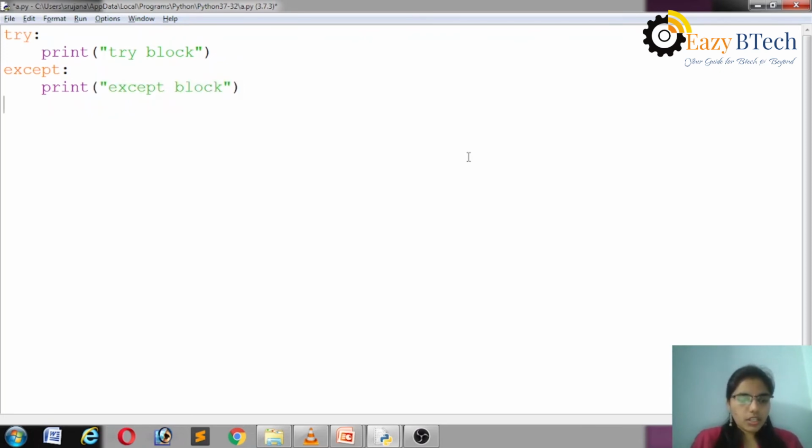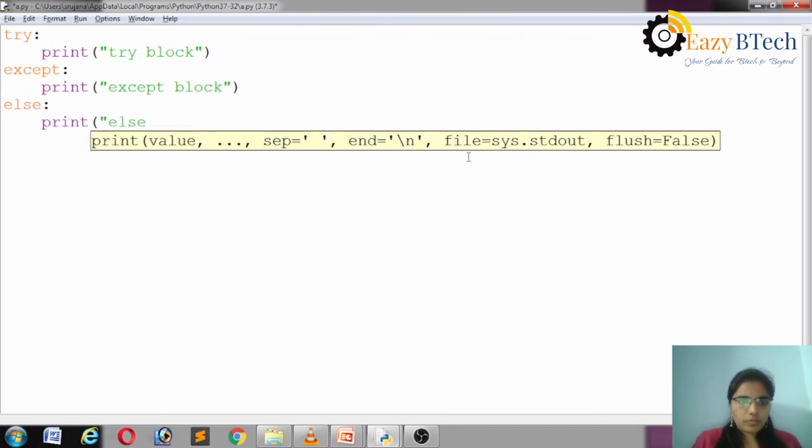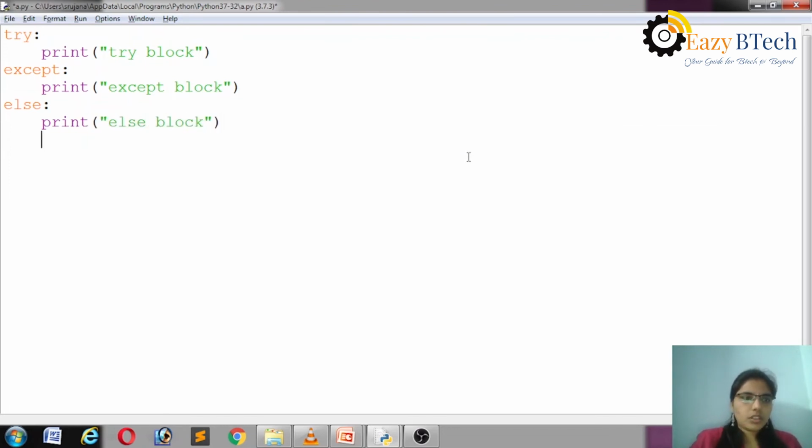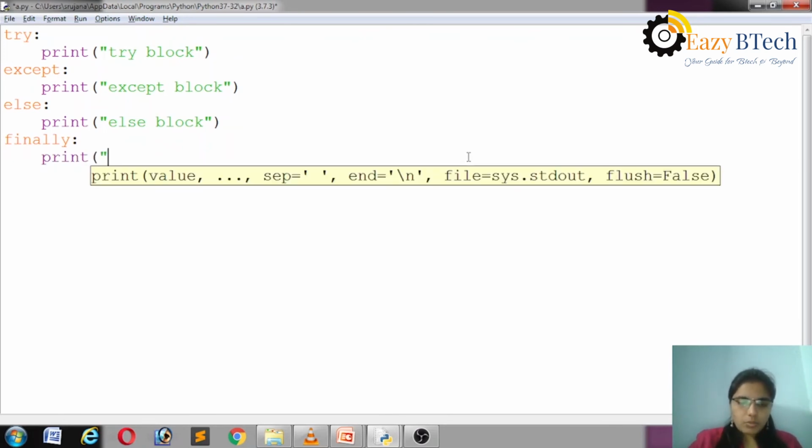Next, I'm using else: print else block. Okay, finally: print finally block.